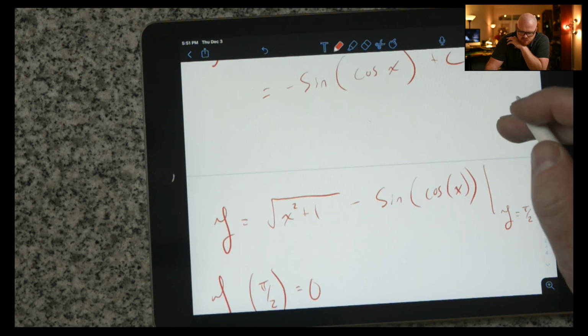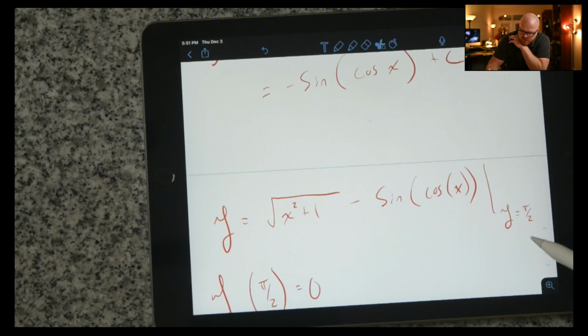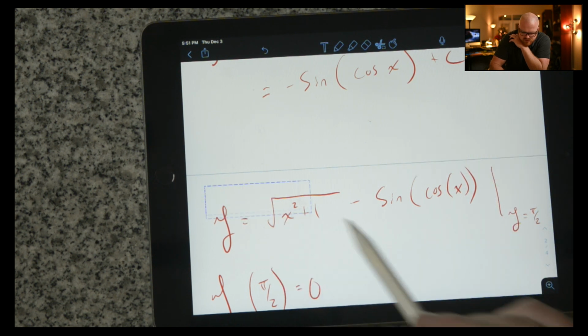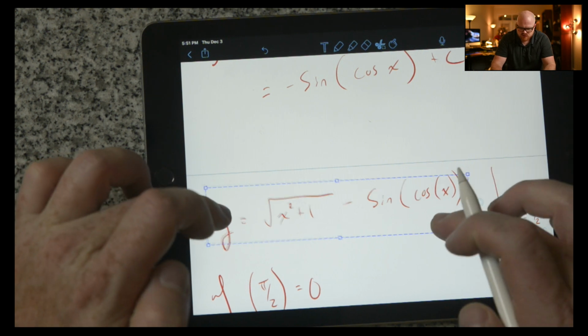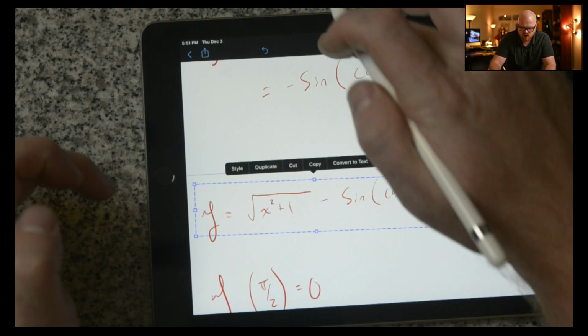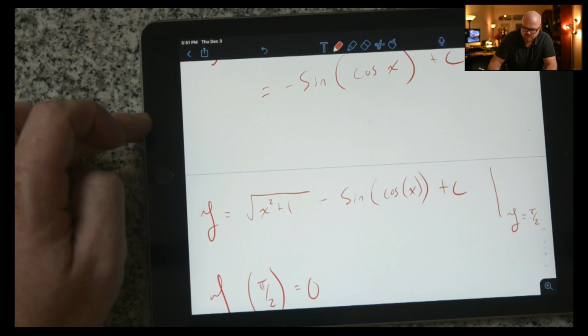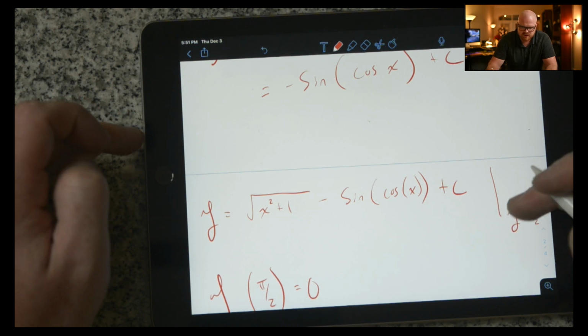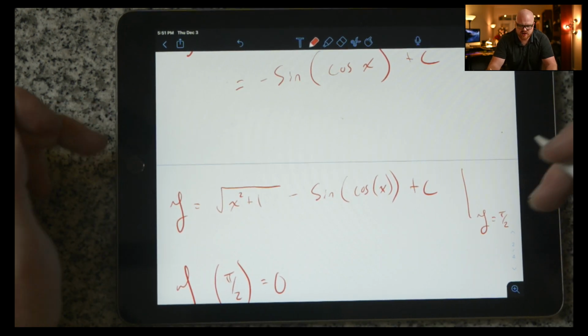Oh, that's right. Had a little moment there. Remember, all of this is plus c. Oh, yeah. So that's our job, to calculate c.